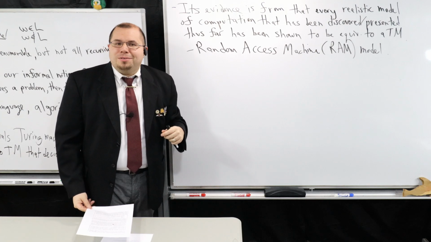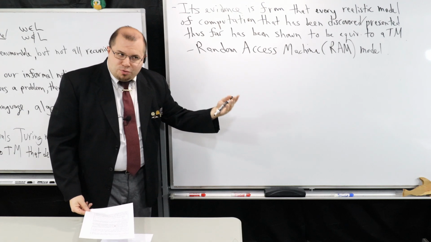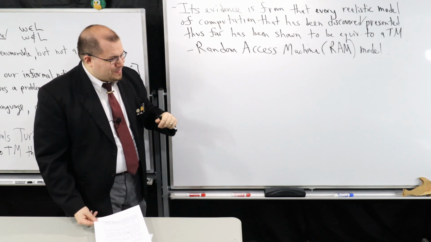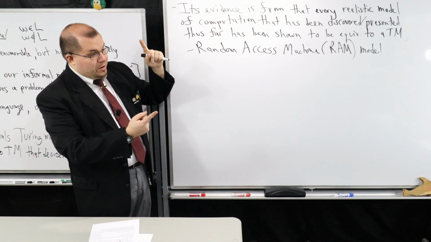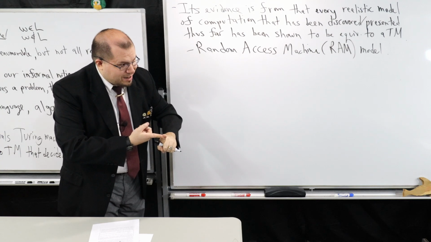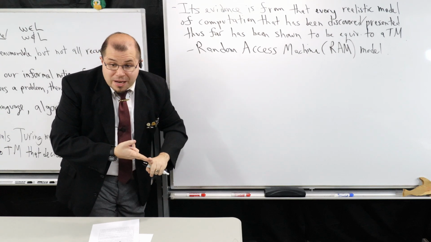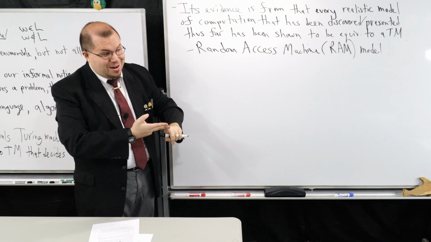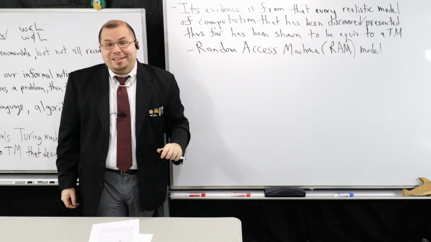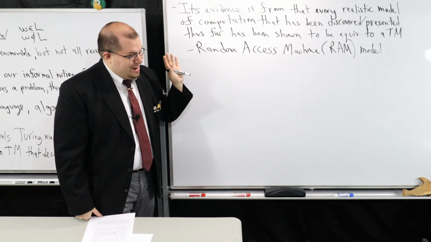The point is that many of these models have been shown to be equivalent to the Turing machine. So whether you have a Harvard architecture-based machine or a von Neumann-based machine, there are ways I could use a Turing machine to describe that. It's very, very interesting.